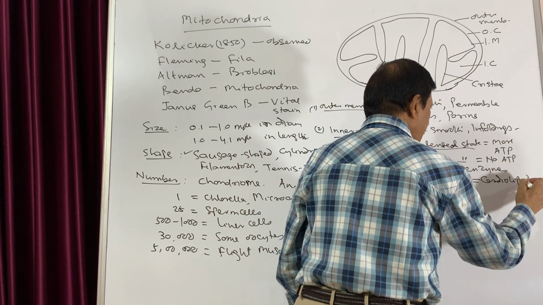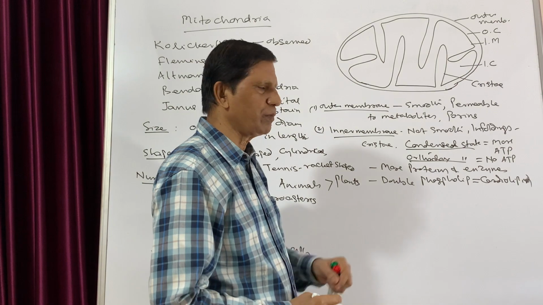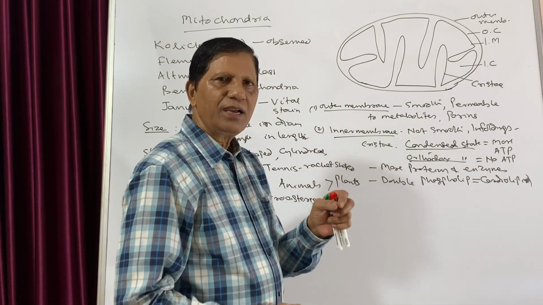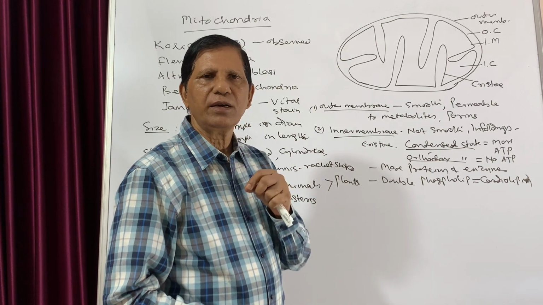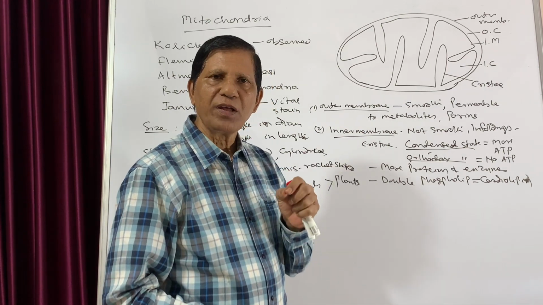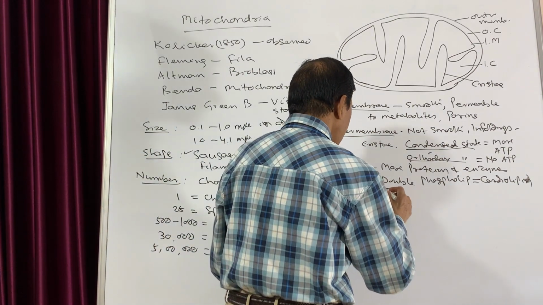That means instead of 3 phosphoric acid there are 4 phosphoric acid. That is why it is known as double phospholipid, and it doesn't allow the movement of all the ions through this inner membrane. That means the inner membrane is selectively permeable.